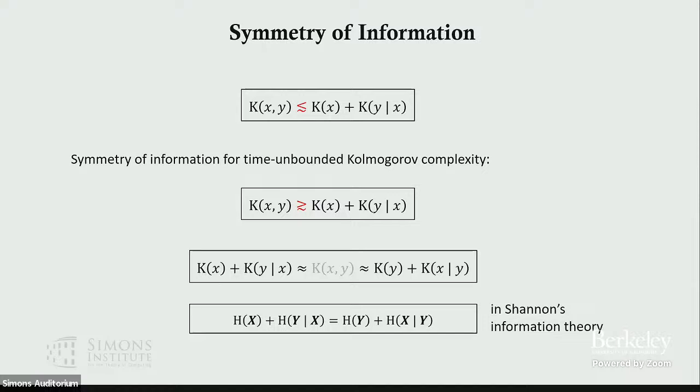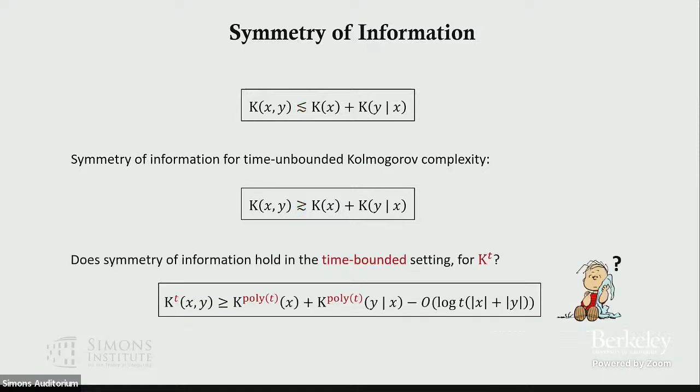Now if we combine the two inequalities above, we get something that is analogous to what is also called symmetry of information in Shannon's information theory. Sometimes people call this the chain rule, but we will just call it symmetry of information. So we have symmetry of information for time-unbounded Kolmogorov complexity.